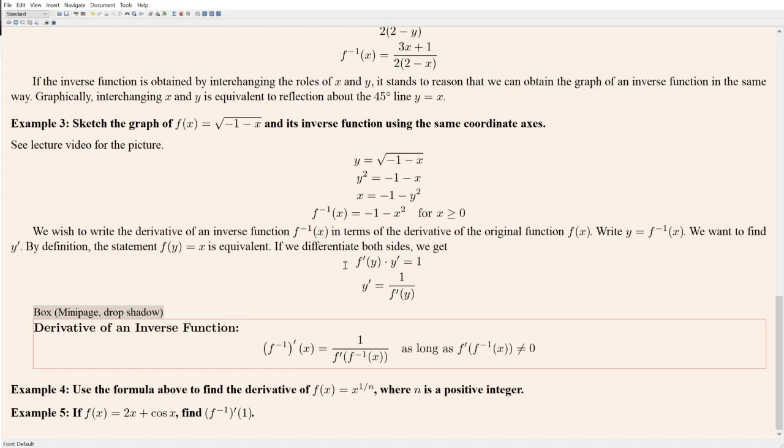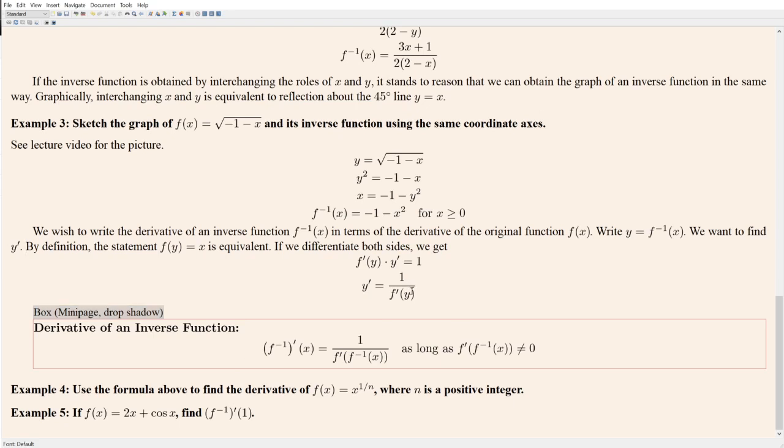That is literally just the chain rule. On the right, the derivative of x is 1. Okay? Well, we're interested in y prime. So to get y prime by itself, just divide both sides by all of this. So y prime is equal to 1 over f prime at y. So there we go. So that's pretty much the formula for a derivative right there.